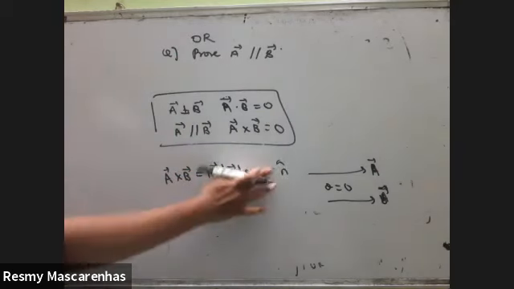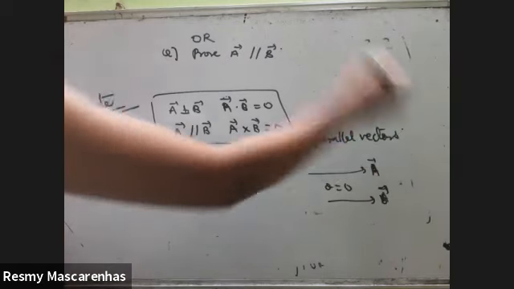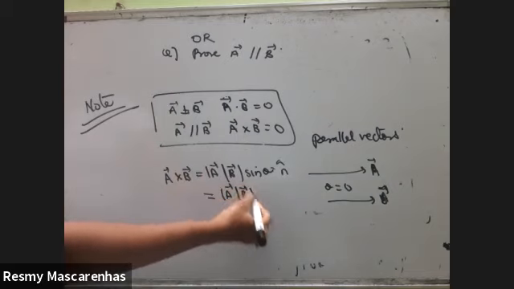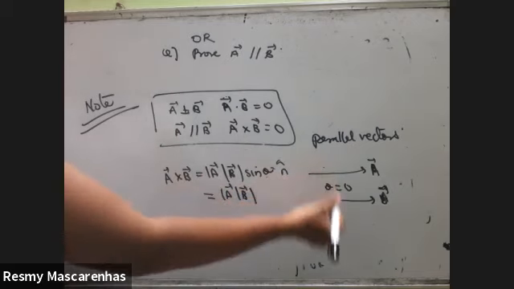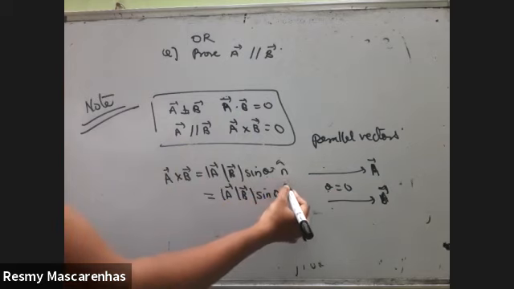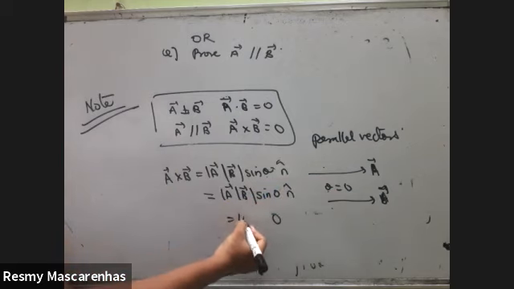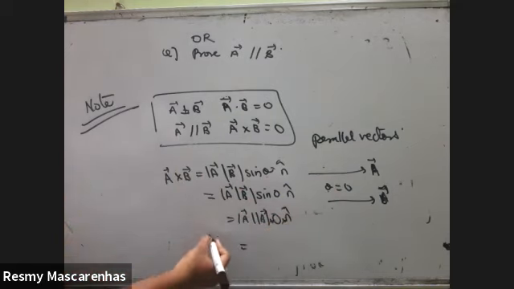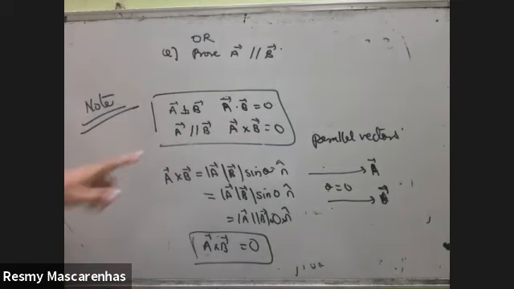Now I'm checking the parallel vectors condition. We don't know the values, so just put it this much. Since they are parallel, the angle between them is 0. So sine 0 is 0. So 0 into everything will give you 0. So for parallel vectors, A bar cross B bar is 0.